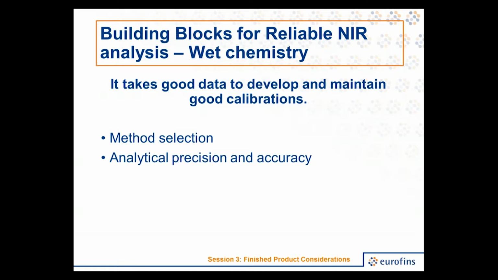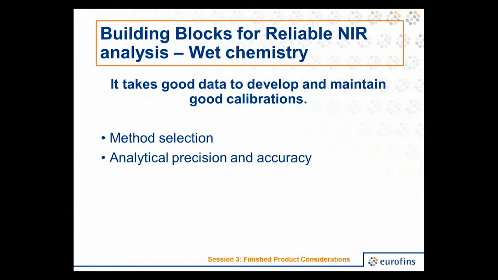The first critical element with near-infrared can be summed up with garbage in, garbage out. Again, near-infrared is a secondary method, and algorithms or models will only be as good as the primary data, or your wet chemistry, that was used to build them in the first place. Have you selected the best fit primary testing method to evaluate your product?